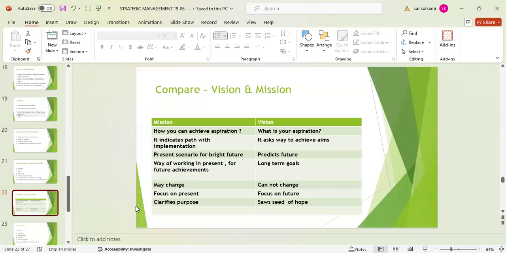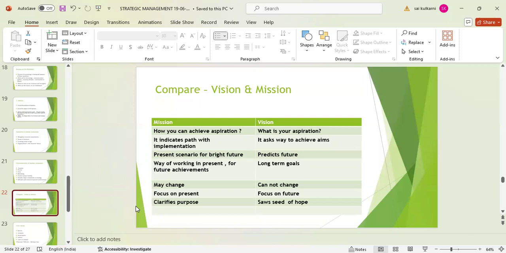Now, the next point for comparison: the mission statement is the way of working in the present, right? And vision is a long-term goal. So simply, mission is your path on which you are walking, and vision is your ultimate aim or ultimate goal. Then the mission statement can be changed. Why can it be changed? Because you can change your path.